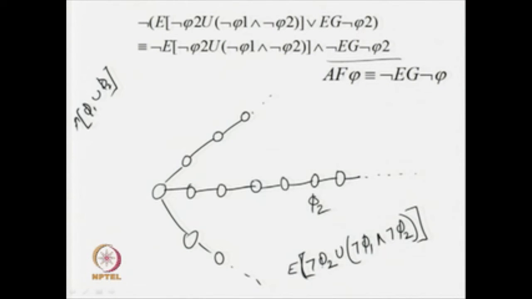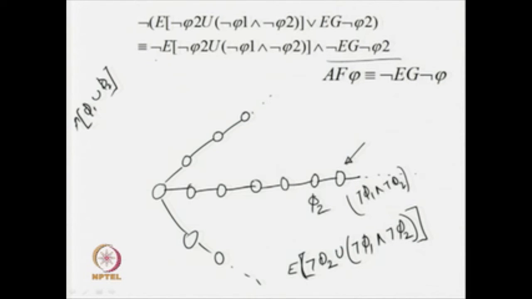Now, you just see that I am considering this particular state where not of phi 1 and not of phi 2 is true. So, for this particular formula to become true, on all those particular states not of phi 2 must be true. Okay. And if in all those states not of phi 2 is true, then we will say that this particular part is true. Okay. And we should have the negation.